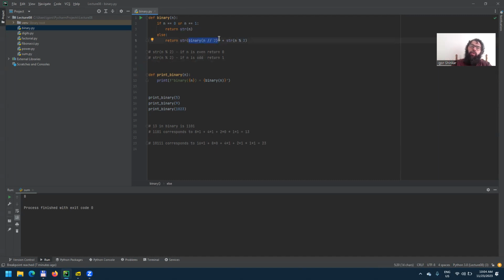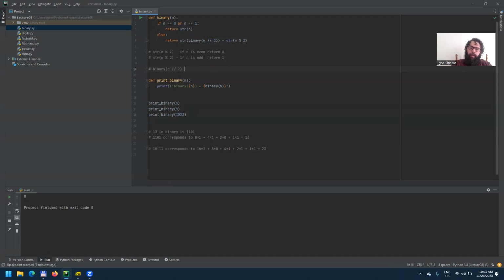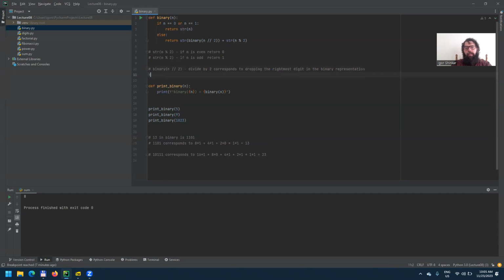We compute, so basically dividing by 2 corresponds to dropping the last digit in the binary representation. So the last means rightmost digit. And apply recursion.